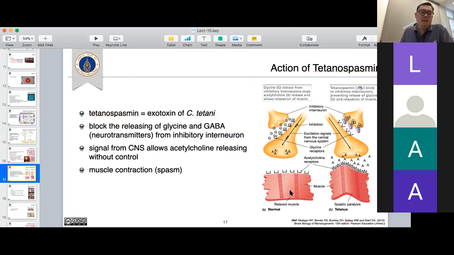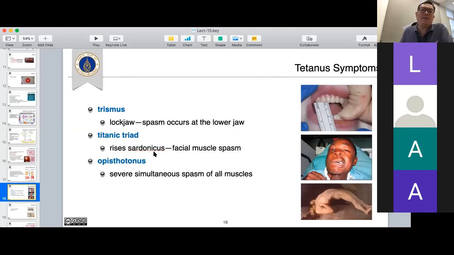Okay, so people who get infected and get tetanus might have 3 different symptoms. Trismus is the mild one, if they got not so much toxin. The first is lockjaw, ขากรรไกรค้าง.